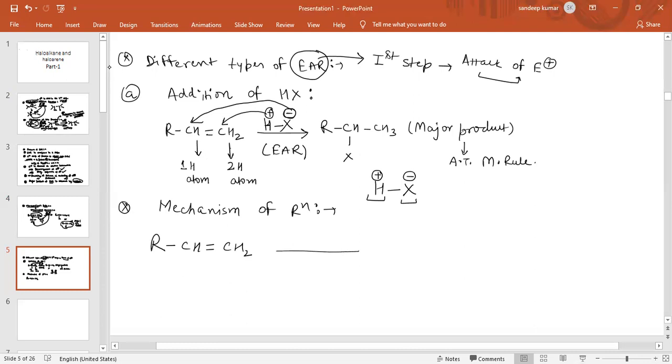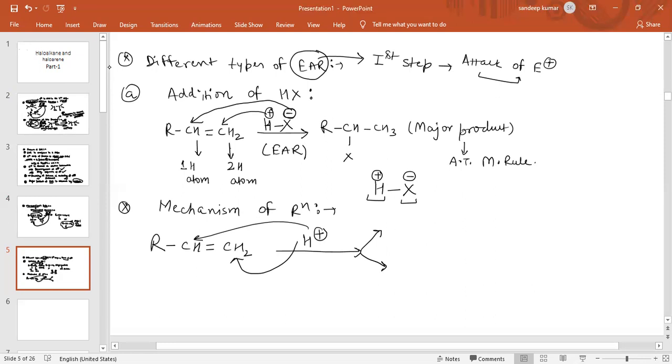Now see, this electrophile can attack at this position, and also this electrophile can attack at this position. How? I am making two probabilities of breaking of this pi bond.